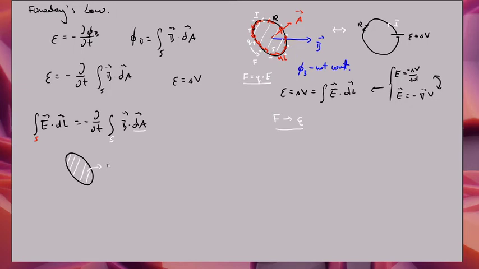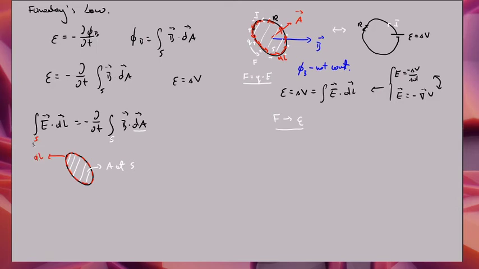So this is your surface, the area A of surface S. But on the left-hand side, when you do this line integral, you're adding up all of these little dl's around that area.